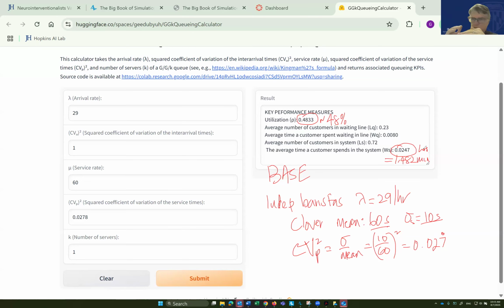So the key will be to establish the base case, and that pegs where you are currently.